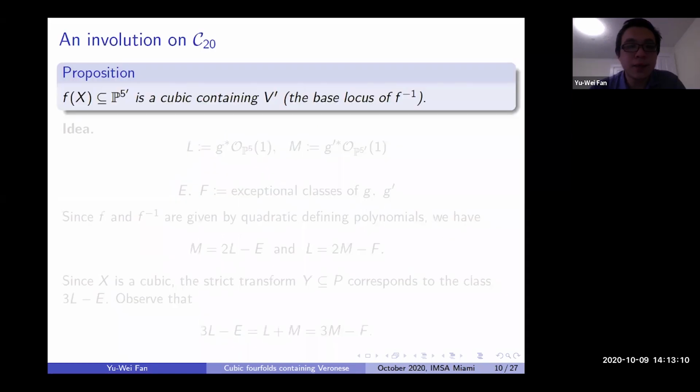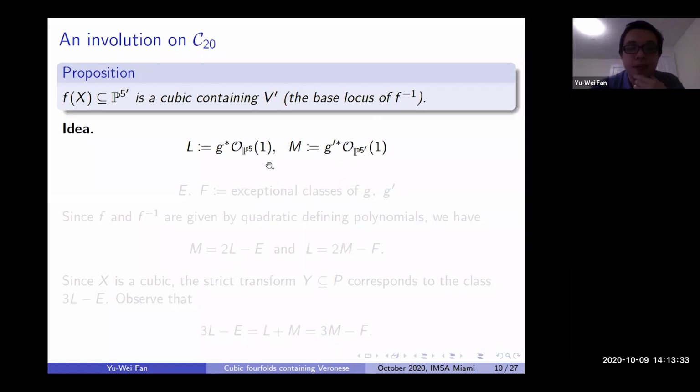And we want to prove this proposition that I just mentioned: the image of the cubic through this birational transformation is another cubic containing the base locus of the inverse. The idea is the following.